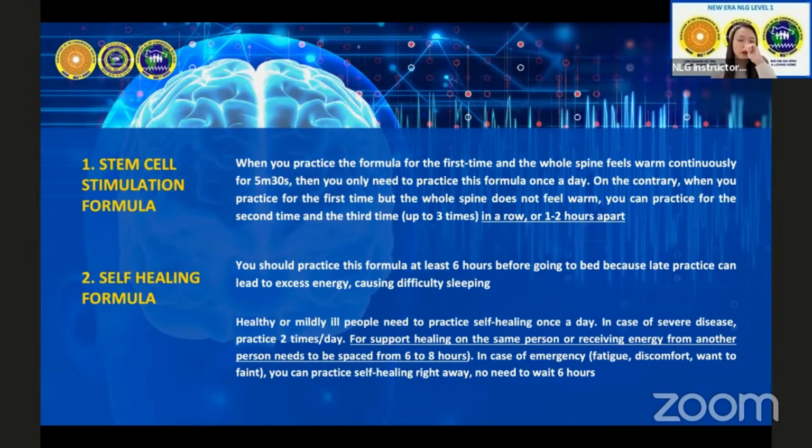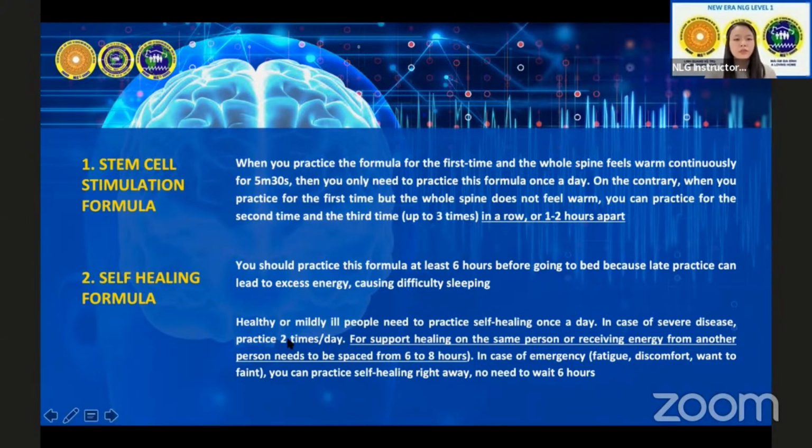If people end up not being able to sleep, what they report to us is that the next day they don't feel tired because they still have lots and lots of energy, which keeps them awake. But it's not something that bothers them too much. So that's just a tip for you.